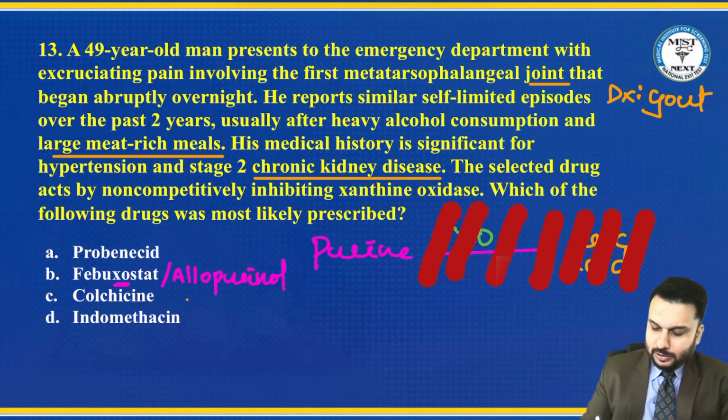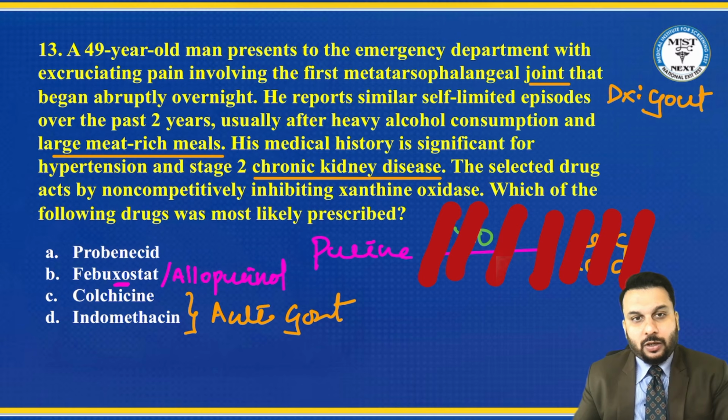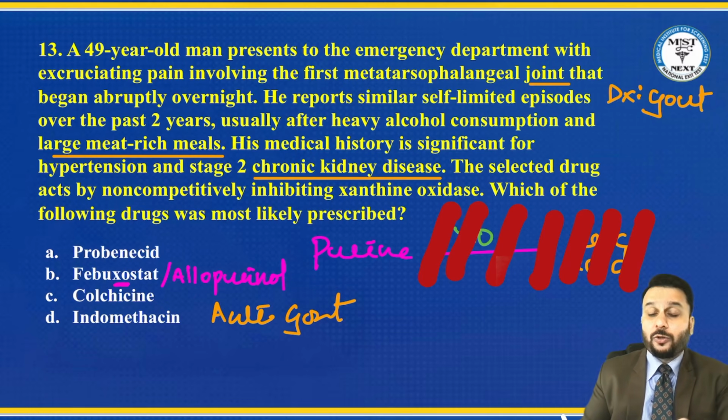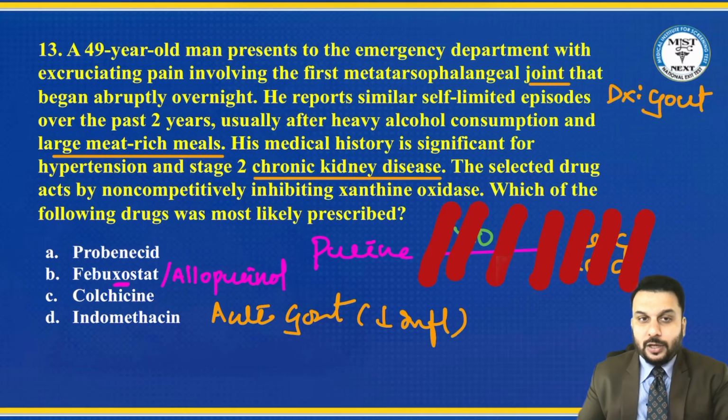Now, these two drugs are used in acute gout: colchicine and indomethacin. All right, what do you do in acute gout? You want to reduce inflammation so that the pain will reduce. And how can you do that? One, by a drug which is an NSAID.